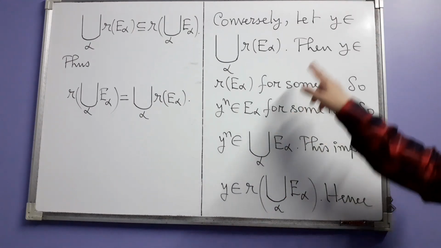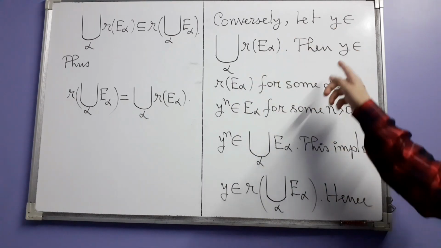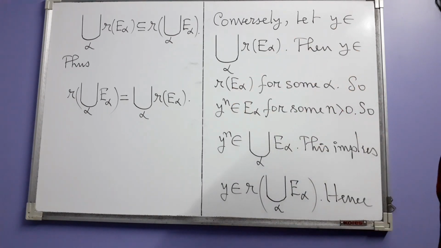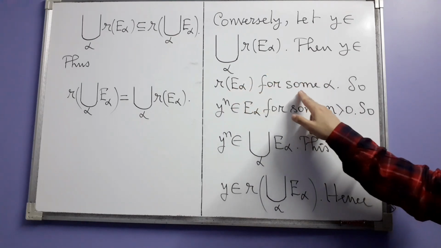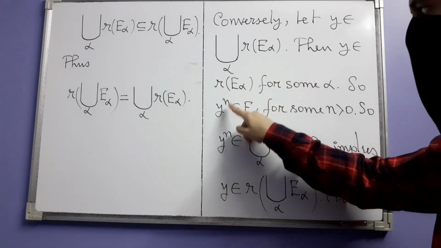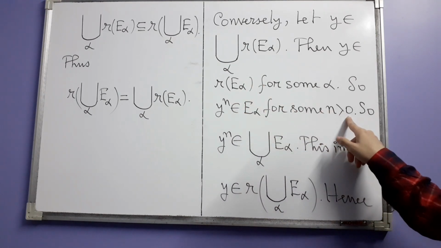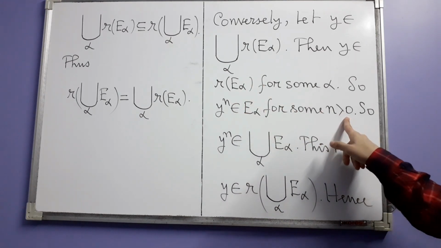Conversely, let us take any element y in the union of these radicals. So then y will belong to one of the radicals. y belongs to R of E alpha for some index alpha. Now since y is in this radical, some power of y will belong to this set E alpha for some positive integer index n.